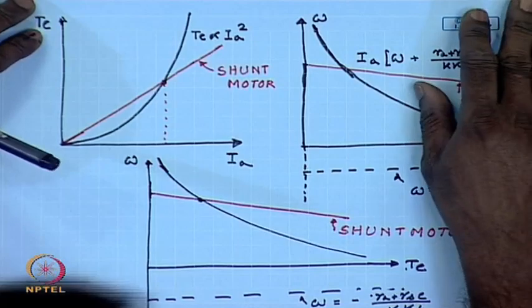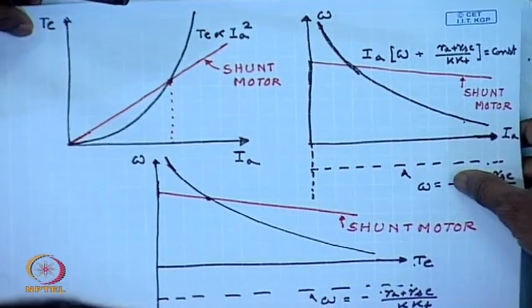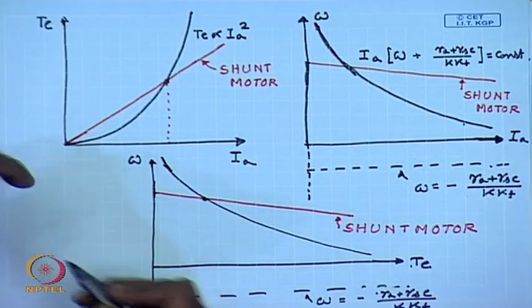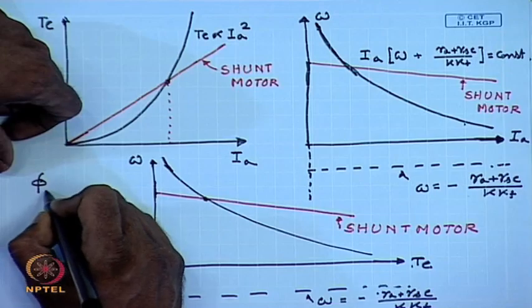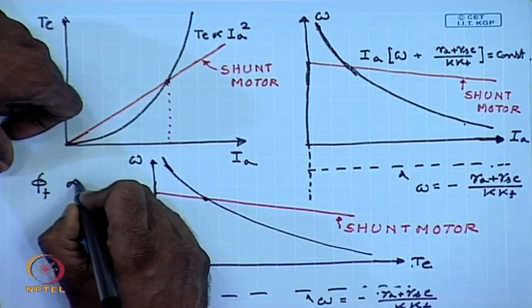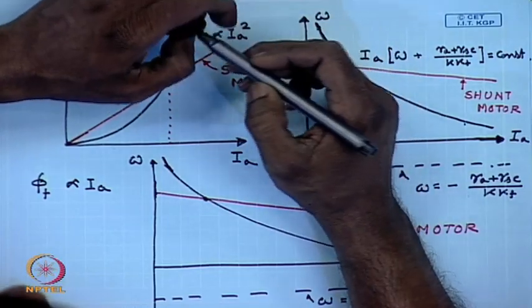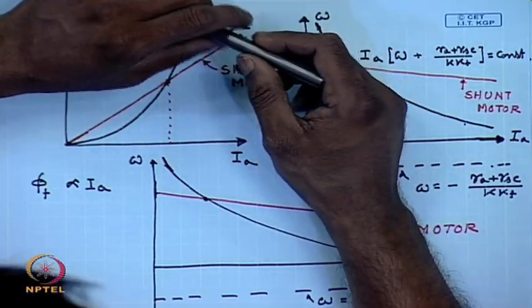The characteristics we have drawn so far are somewhat idealized, in the sense we have assumed that the flux phi f to be proportional to I A. While this is true for small values of I A, for larger values of I A, the two effects, the saturation of the field and the armature reaction effect, tend to violate this condition.